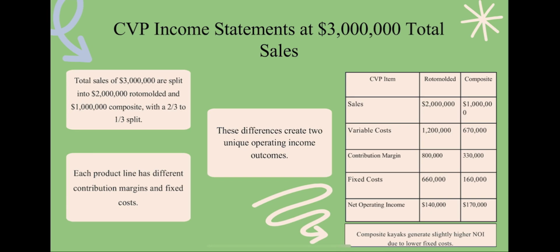Finally, when we look at both products together, total company operating income comes out to 310,000 at this sales level. This comparison shows how sales mix plays a major role in profitability. Small changes in the mix can shift how much each product contributes and ultimately affects Riverride's total profit.